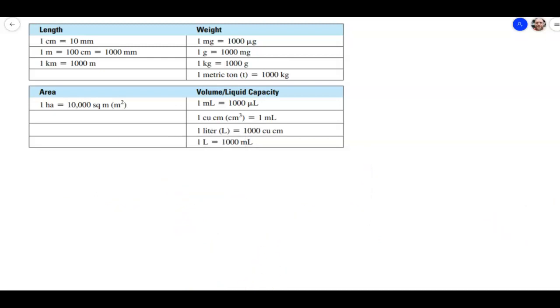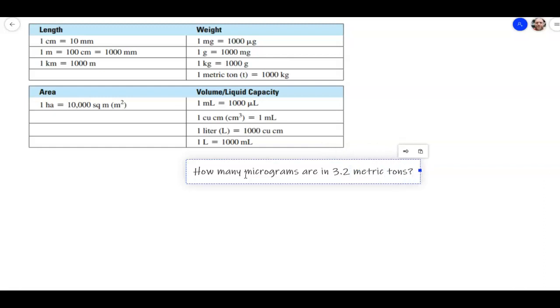What if I said, how many micrograms are in 3.2 metric tons? All right, how many micrograms are in 3.2 metric tons?